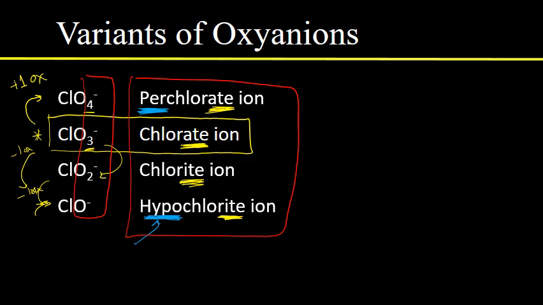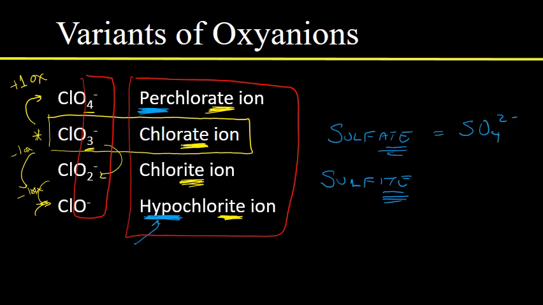Sulfate ion is SO4, so that means that sulfite has 1 fewer oxygen. So that would be SO3, right? Let's just do 1 more of these.